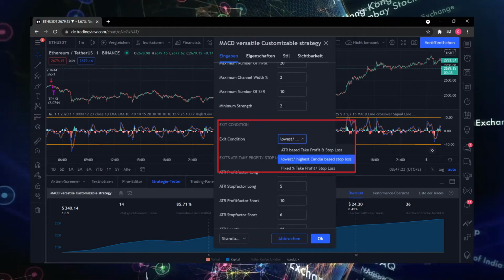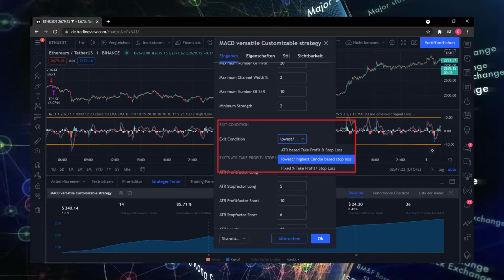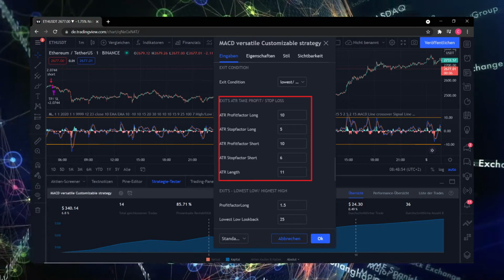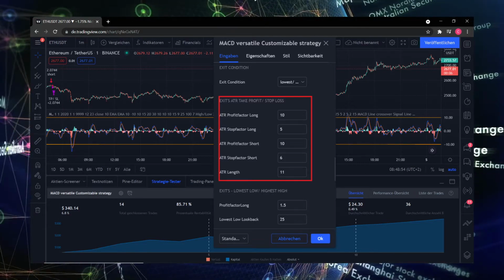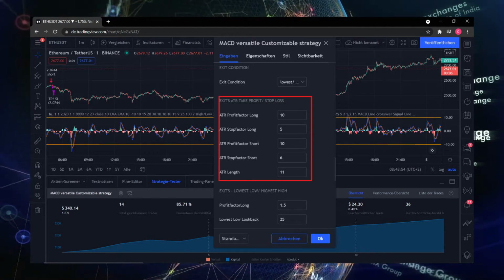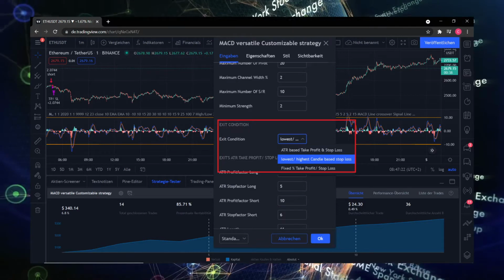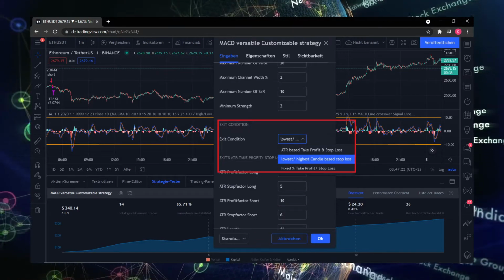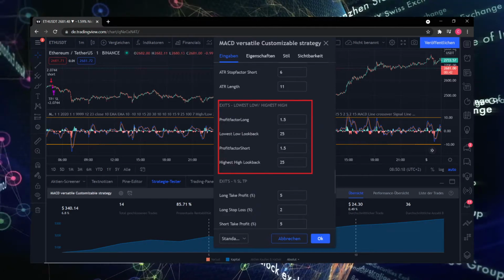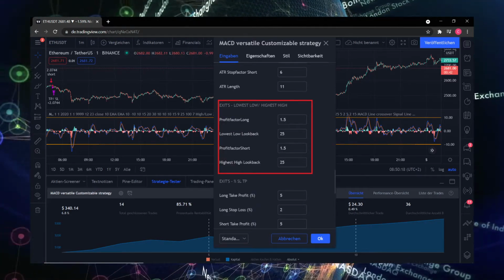Under exit condition, the following options can be selected. ATR base take profit and stop loss. Here the value is taken from the ATR indicator at the time of purchase and multiplied by the entered values. The factors of the longs and shorts can be adjusted under ATR stop factor long and so on. With the setting lowest low / highest high, the respective highest, with short, or lowest, with long, candle is searched and fixed as the stop loss.